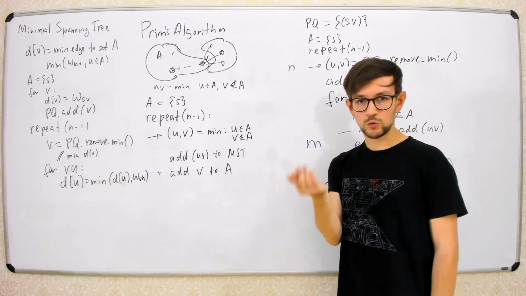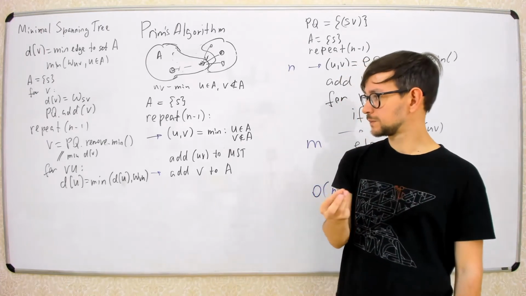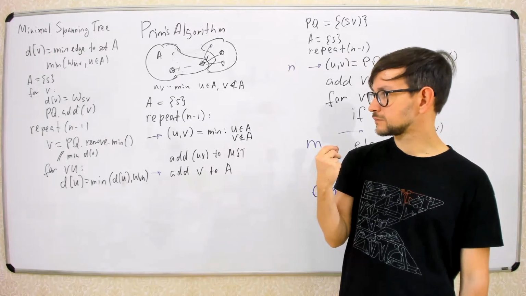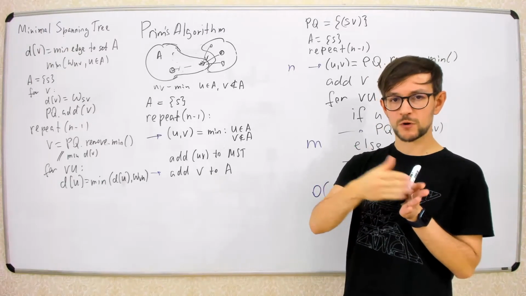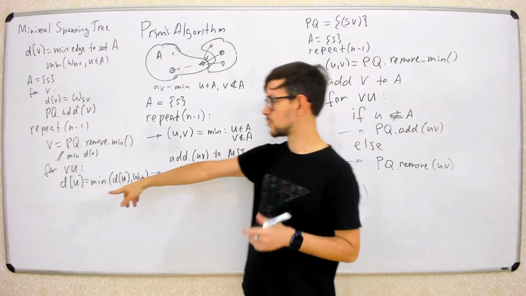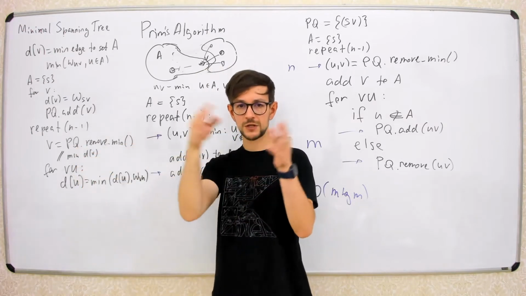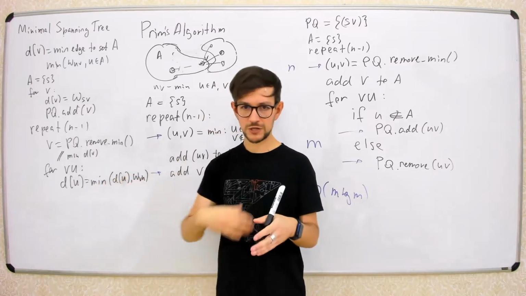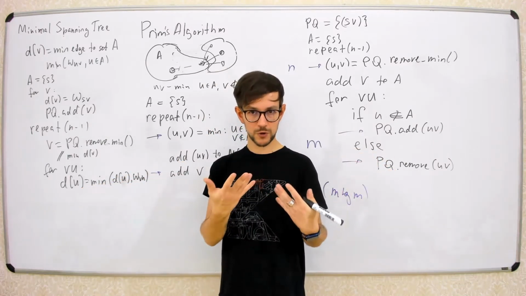Now what we need to do is to update the priority queue, because in the priority queue we sort all the elements by these values of D. So when we change the value of D, we can change the key in the priority queue, and we need to update the priority queue.